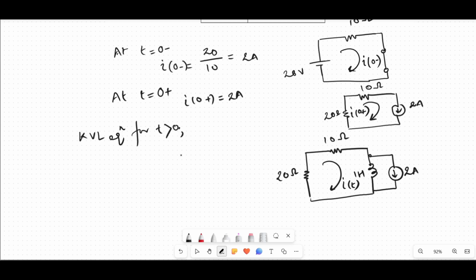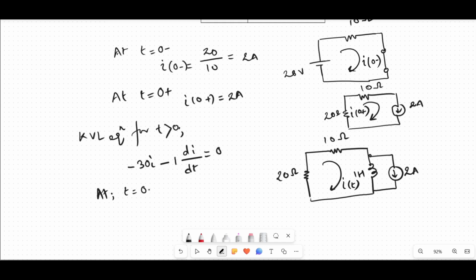We have total resistance 10 plus 20, which is 30. So 30i minus L di/dt, where L is 1 Henry, equals 0.